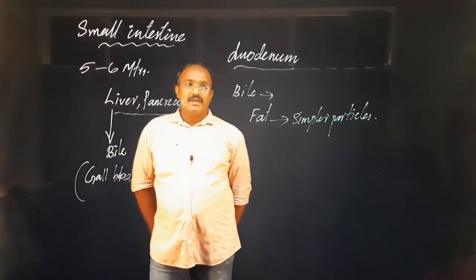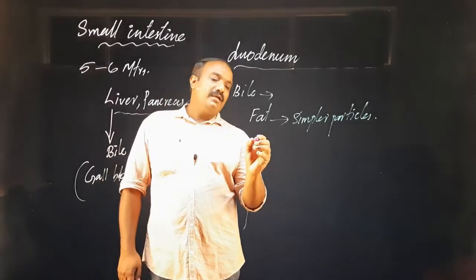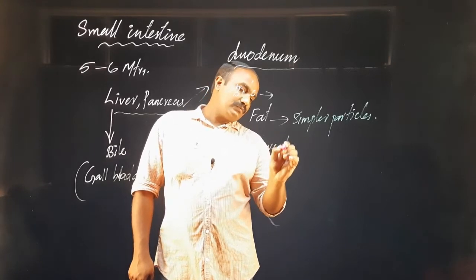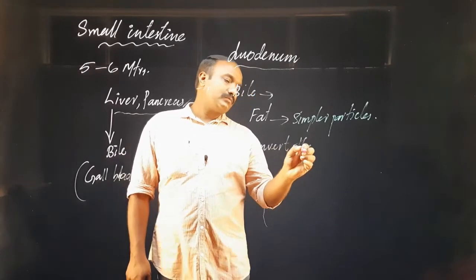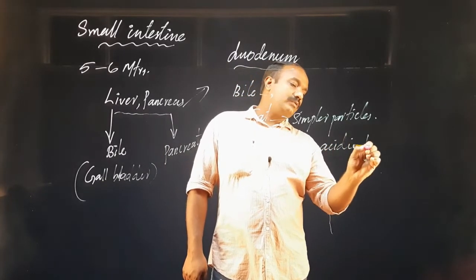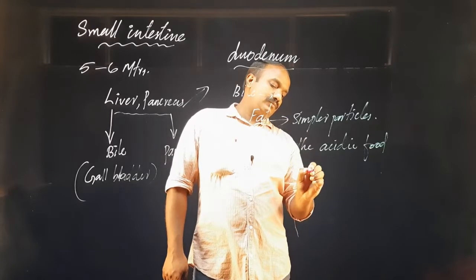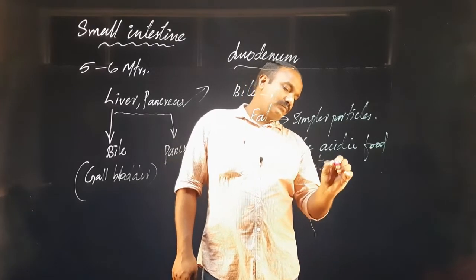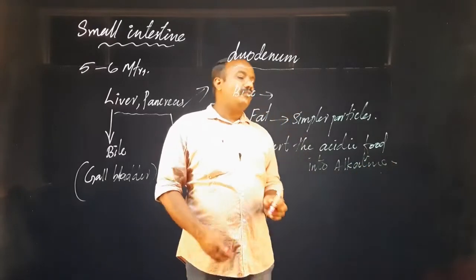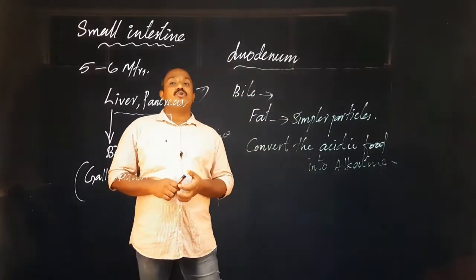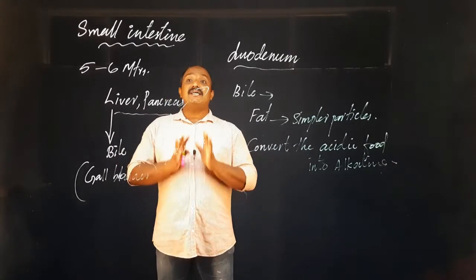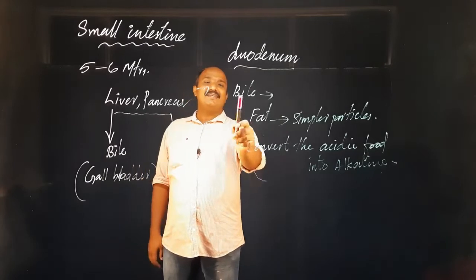No other digestive actions take place with the help of bile. But there is one more help: bile converts the acidic food into alkaline, or the actions of the acids are reduced with the help of bile.